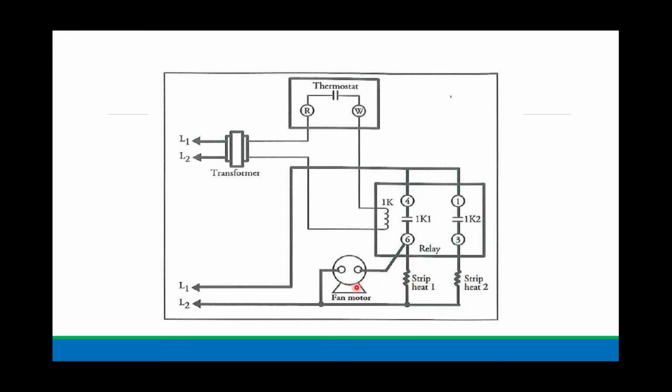I'll still energize heat strip 1 and heat strip 2, but in reality, they'll end up burning up because we can't dissipate the heat off of them. So if you run into a job and you have some heat strips in ductwork and they're not working, go check and see if the fan motor is working, because if that failed, that's what ended up burning up your heat strips. So again, these are wired in parallel.